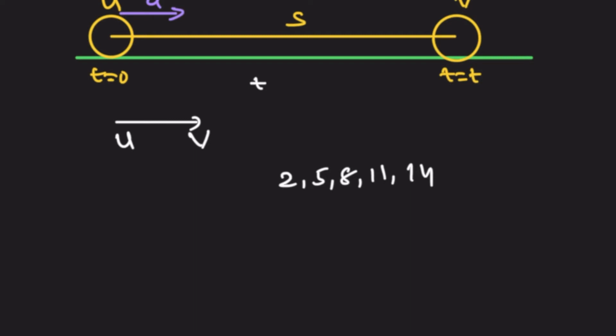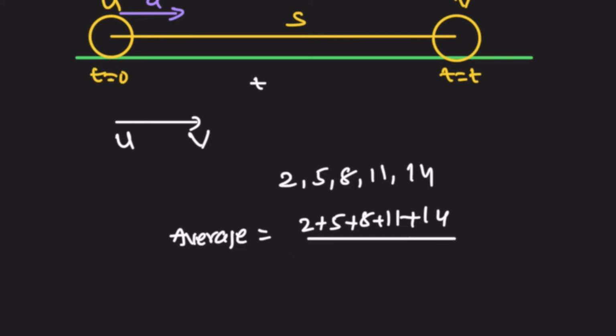We know what the average is: the sum of the numbers by the number of the numbers. So the average is 2 plus 5 plus 8 plus 11 plus 14, by how many numbers? 5 numbers are there, so by 5. 2 plus 5 is 7, plus 8 is 15, plus 11 is 26, plus 14 is 40. 40 by 5, so the answer is 8.